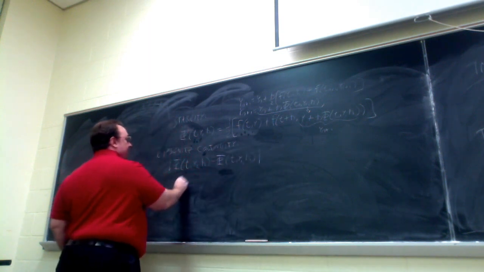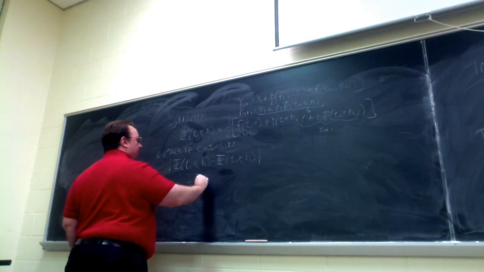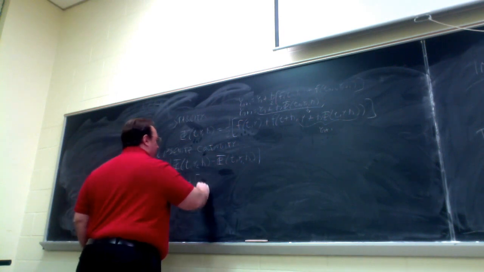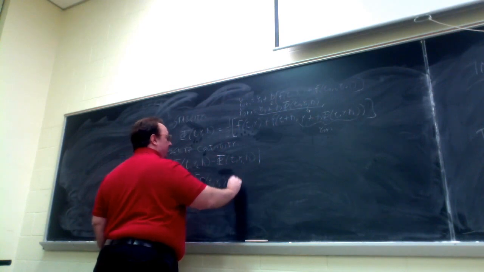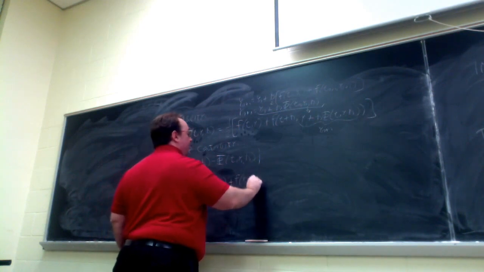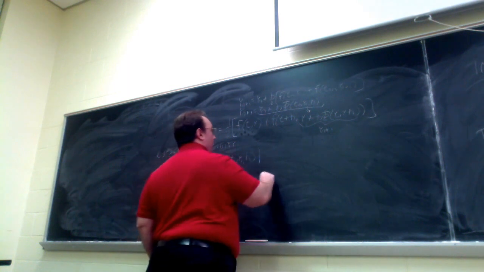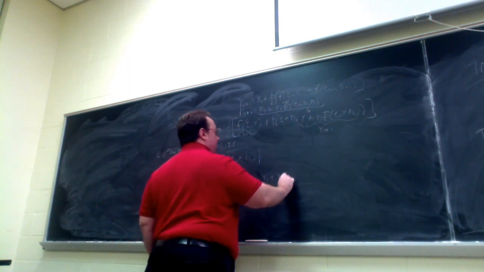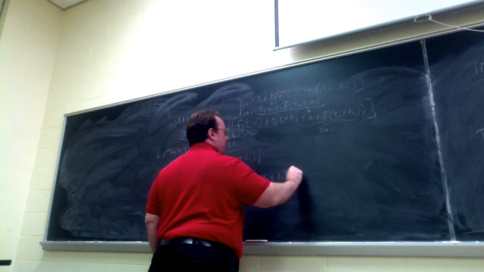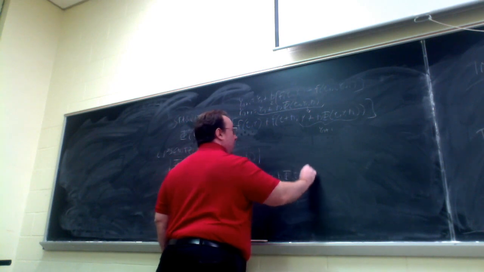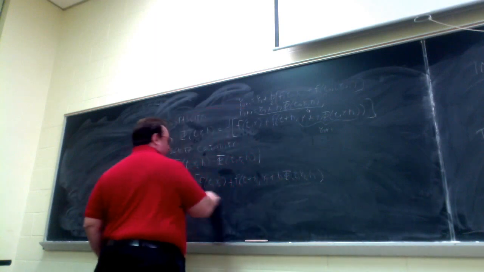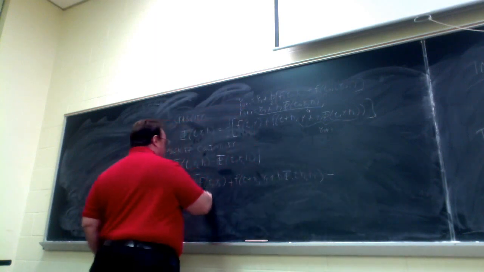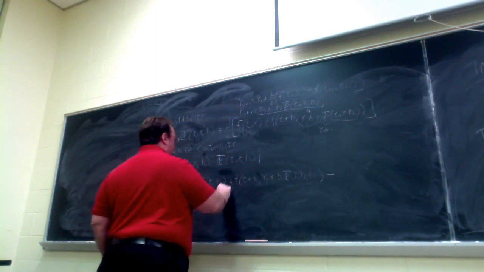So that's going to be 1/2 times f(t, y2) plus f(t+h, y2 + h phi(t, y2, h)), minus the same thing at y1.